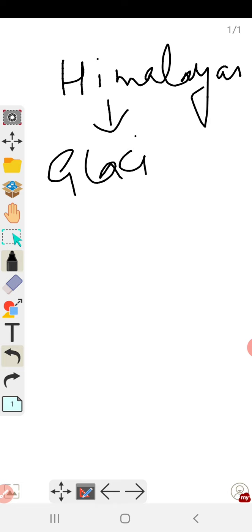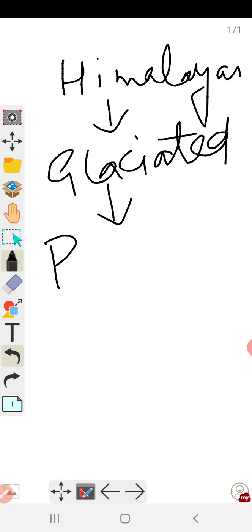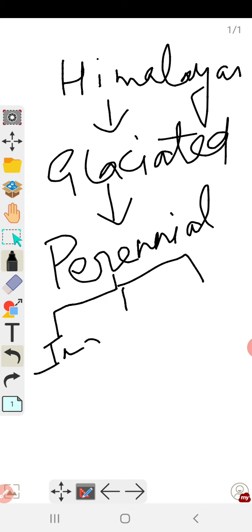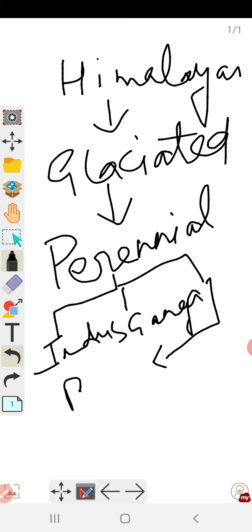So when they are glaciated, that means they have given origin to perennial rivers. The three important perennial rivers that have originated are the Indus, the Ganga, and the third one is the Brahmaputra.